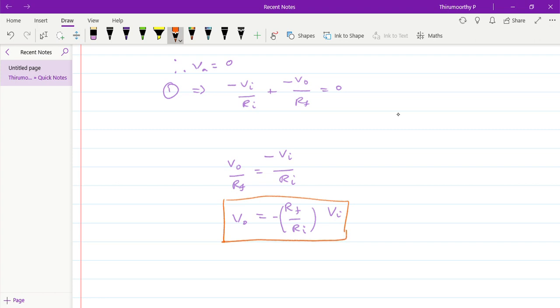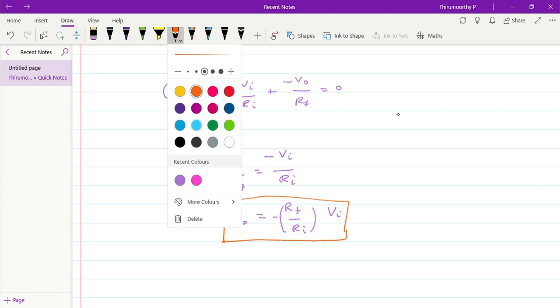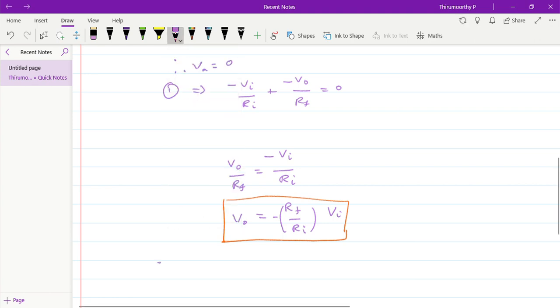If you want to find out the gain of the amplifier, gain is this part, the multiplier, which is equal to minus Rf by Ri.